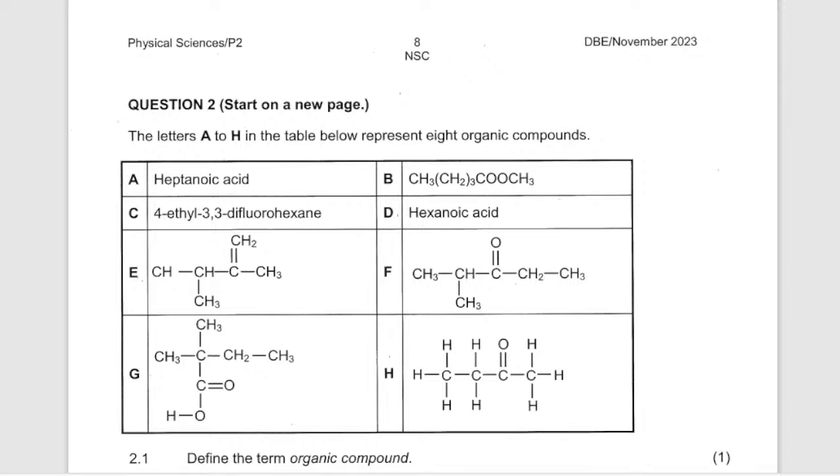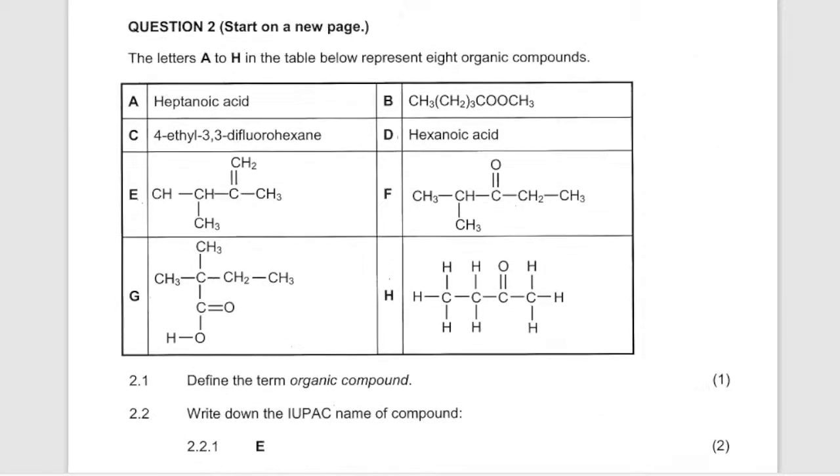Let's go to the nomenclature and see how this one is going to be. Here we are saying A to H, below the table, 8 compounds. Let's say A is, okay, B, all right. Okay, let's go. Define the organic molecule.